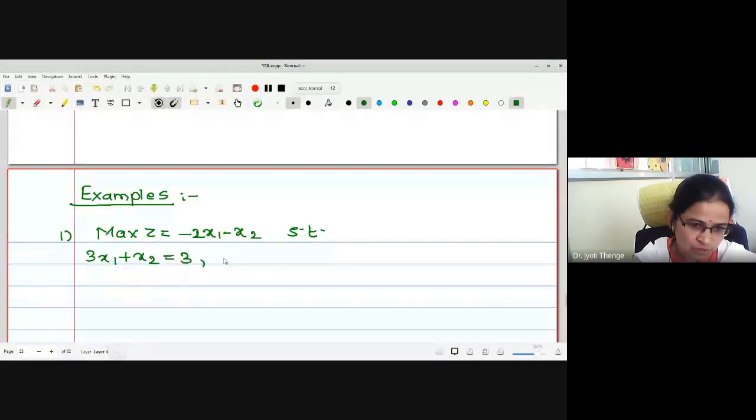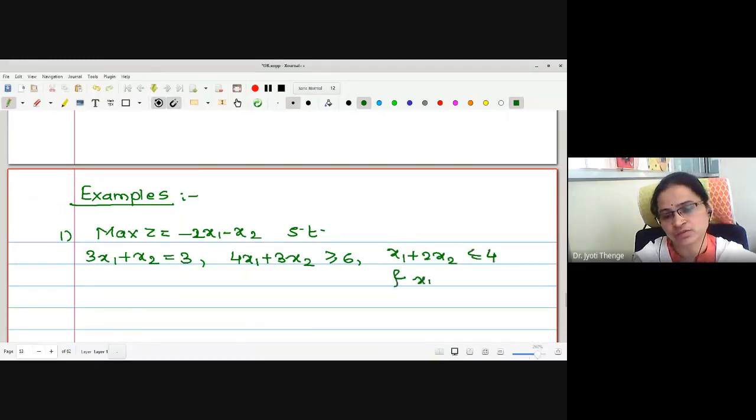Next, 4x1 plus 3x2 is greater than or equal to 6. Next is x1 plus 2x2 is less than or equal to 4, and x1, x2 are greater than or equal to 0.